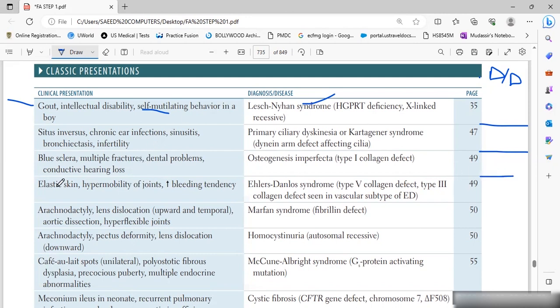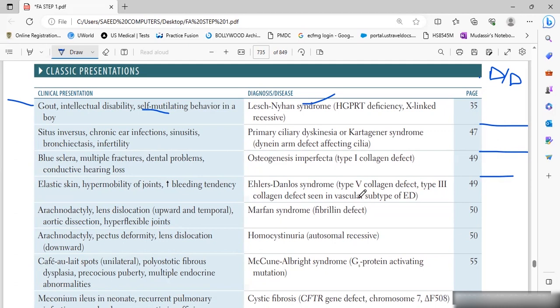Next is elastic skin, hypermobile joints, and increased bleeding tendency. That is Ehlers-Danlos syndrome, a type 5 collagen defect. A type 3 collagen defect is seen in the vascular type. In that case, you can have aortic aneurysm, aortic dissection, aneurysm in any vessel, and uterine rupture.